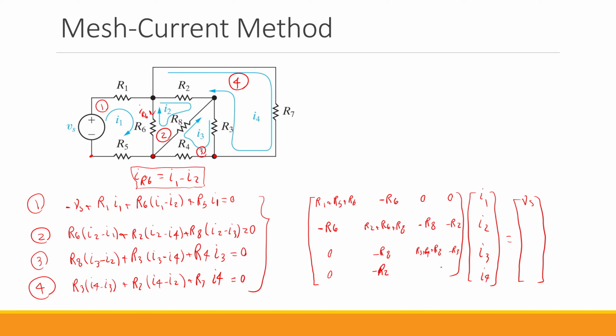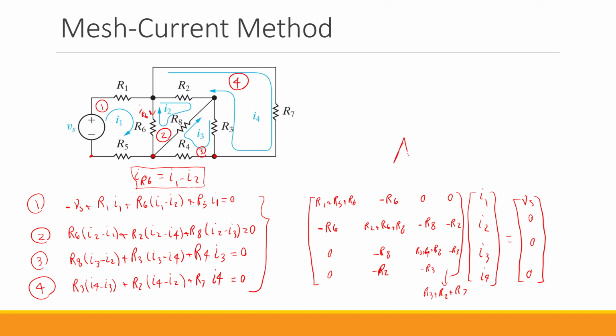For I3 we have negative R3. And for I4 we have R3 plus R2 plus R7. The other side for these three equations is 0.